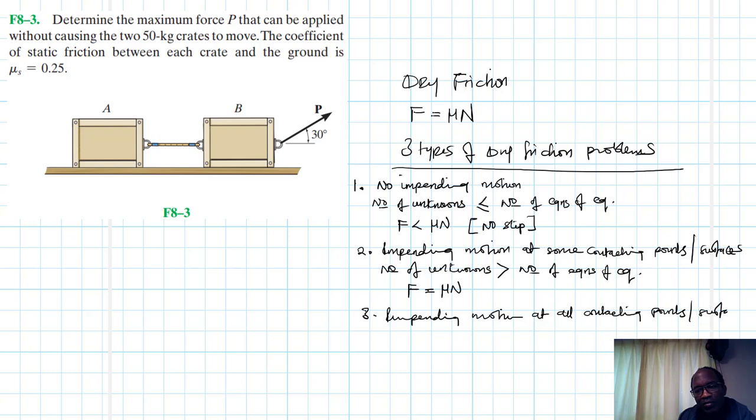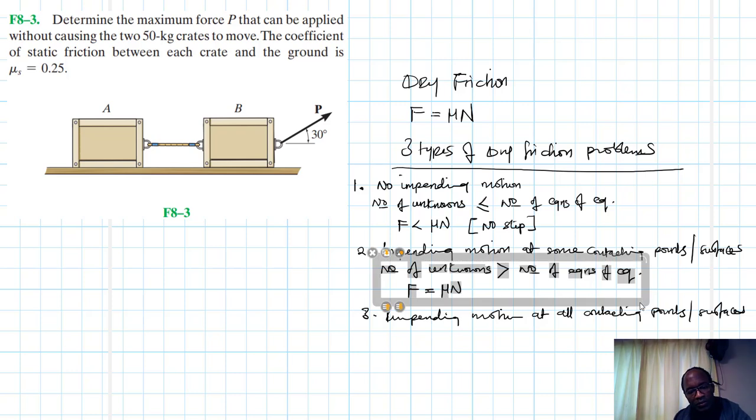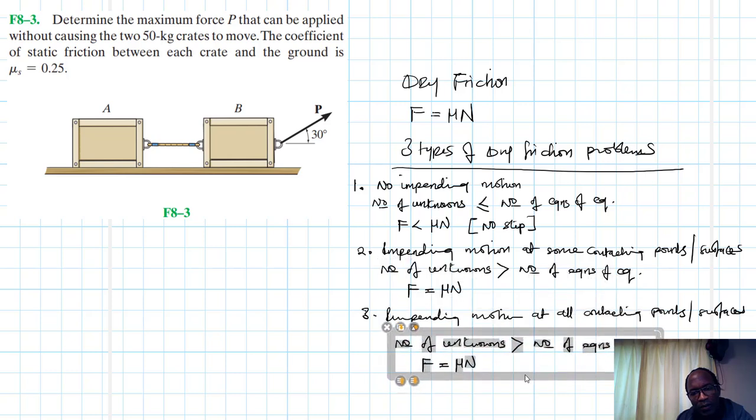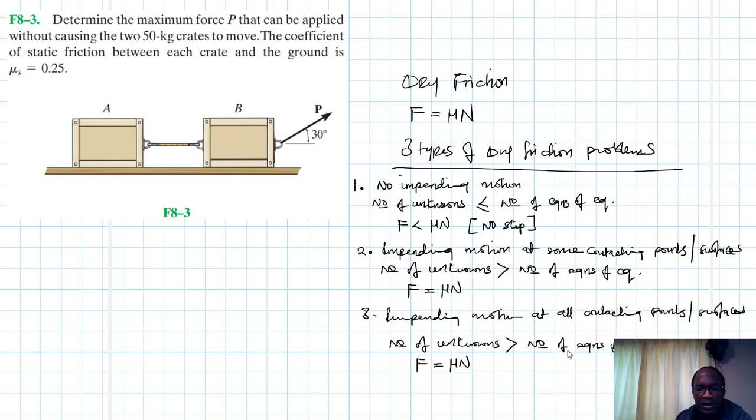So in this particular case, again, the number of unknowns is greater than the number of equations of equilibrium. Therefore, we invoke additional equations from the friction equations.